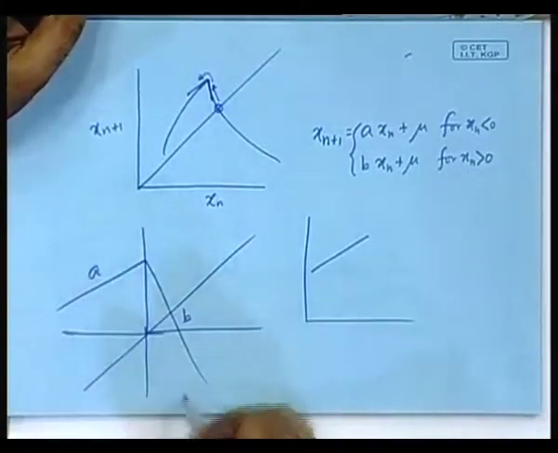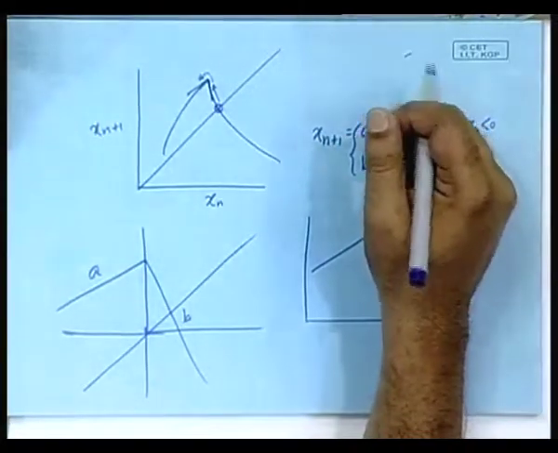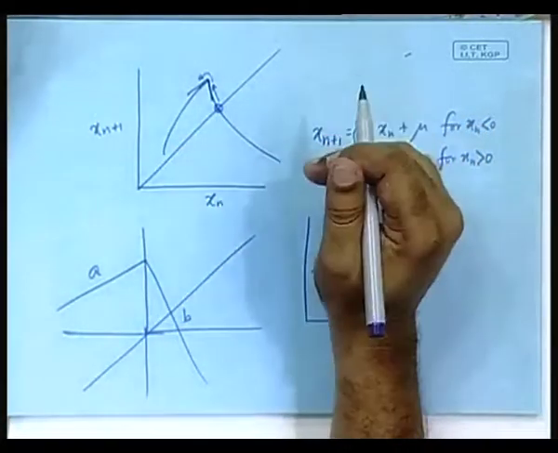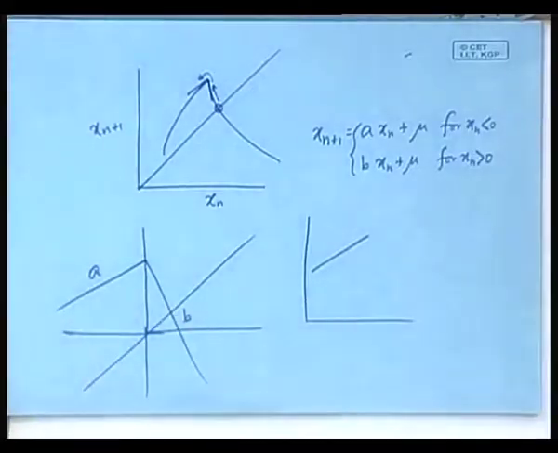So, it is a piecewise linear map. Probably you are now able to see the link between this map and the map that we had considered while talking about the Frobenius-Perron operator, that was a piecewise linear map. So, that occurs in many physical systems. We are out to understand what happens for different values of a and b.